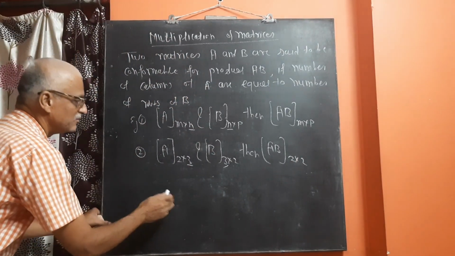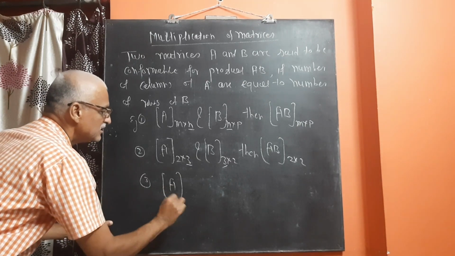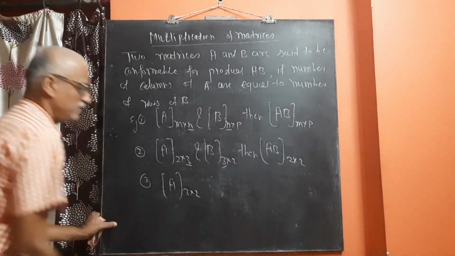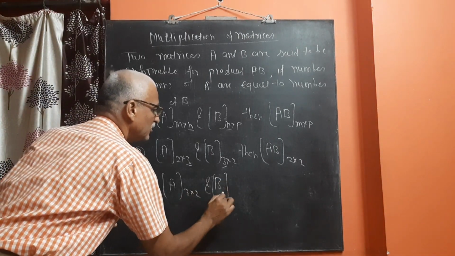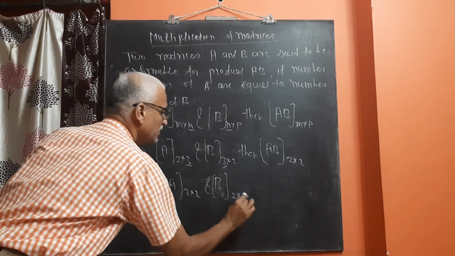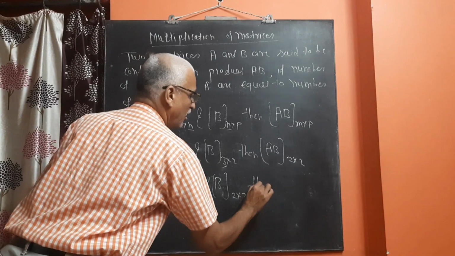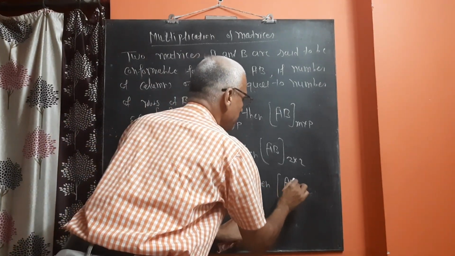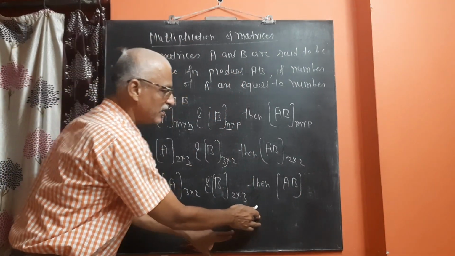Let us say the third example. If I consider the matrix A as 3 by 2 and the matrix B as the order 2 by 3, then again we can find out the matrix AB. Why can we find out the matrix AB?